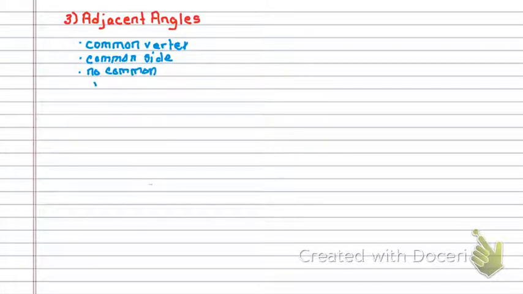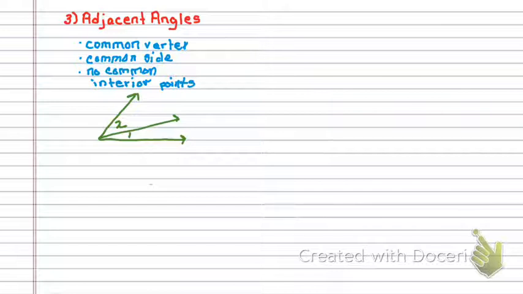And I will never ask you to give me a definition. The important thing is being able to look at a diagram and recognize these angles. So common vertex, common side, no common interior points.